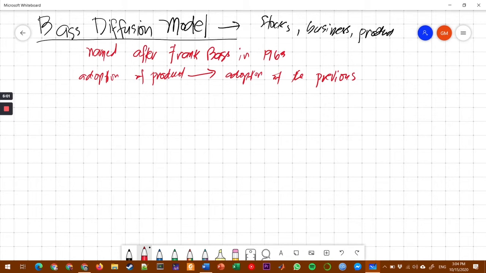For the Bass diffusion model, according to Frank Bass, he computed the probability of adopting at a given time. What could be the probability of the product being adopted?